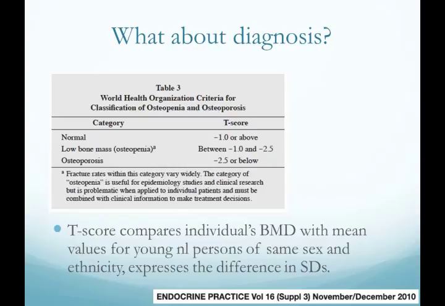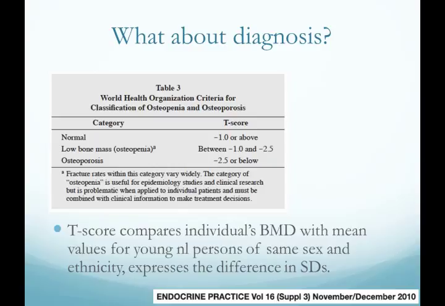So you have a 70-year-old woman who's Caucasian. You send her to get a DEXA. They measure her bone mineral density with the X-ray. And they compare it with the average of young Caucasian females. So let's say a bunch of 30-year-olds.